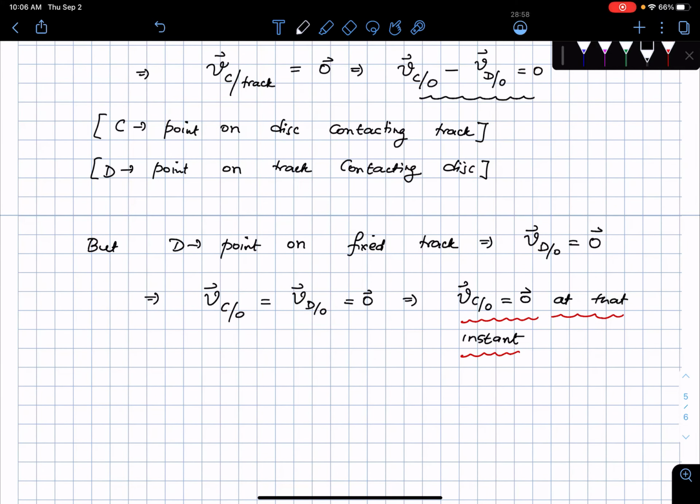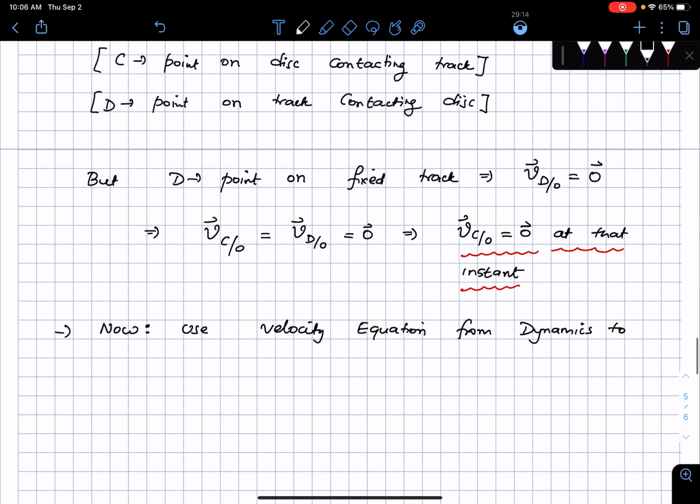So watch this. Now use the velocity equation from dynamics to relate the velocity of the center of mass of the disk and the contact point C. This is done by making use of the angular velocity of the disk.